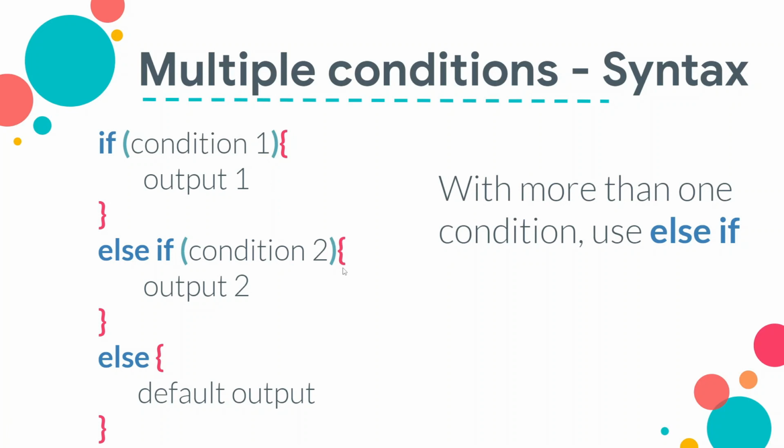And everything that happens within the squiggly braces is what happens to that condition when it's met. And then we have the else, which is everybody else falls down there. So if you don't meet condition 1 and you don't meet condition 2, then you go into this final bucket, which is why we call it the default output.